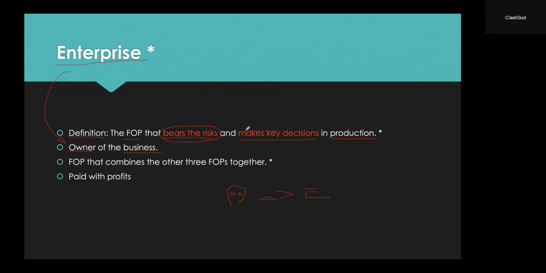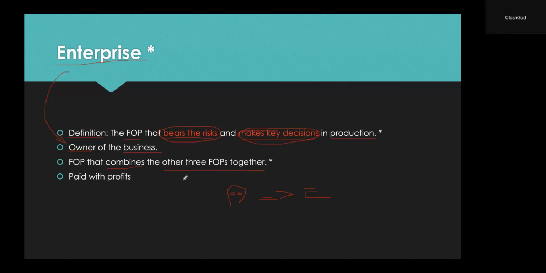The second one is that they make the key decisions, right? So when facing key decisions about their production, they make the decisions because they are the owner of the business. And another very important point is that enterprise combines the other three FOPs together to produce. So what does this mean?